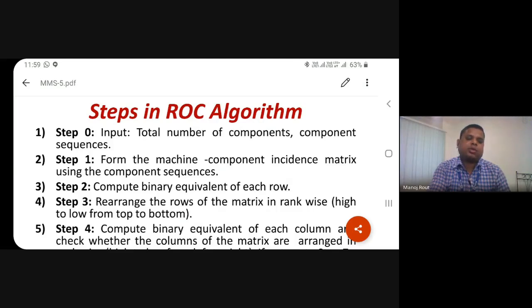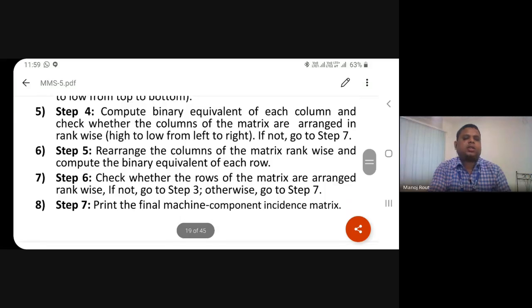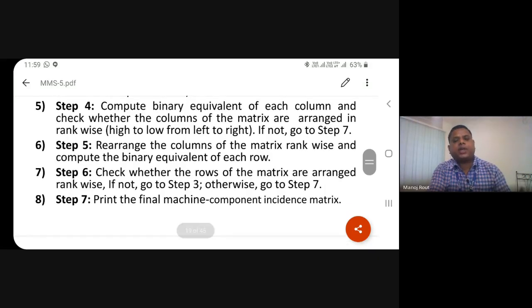The next is to compute the binary equivalent of rows, and step number 3 is to rearrange the rows of the matrix rank wise, that is high to low from top to bottom, as far as rows and columns are concerned.